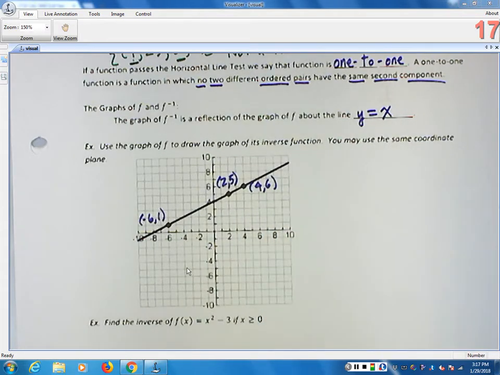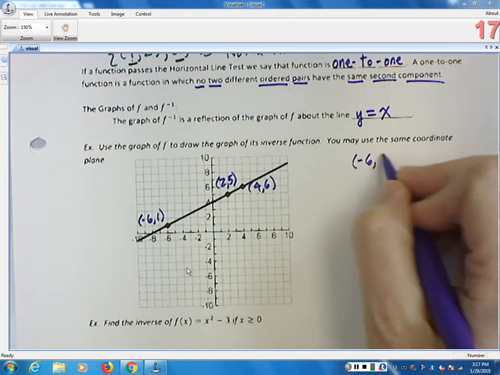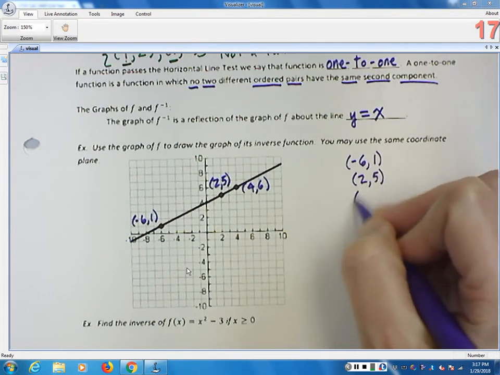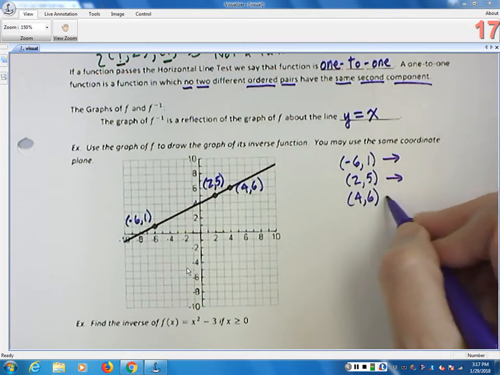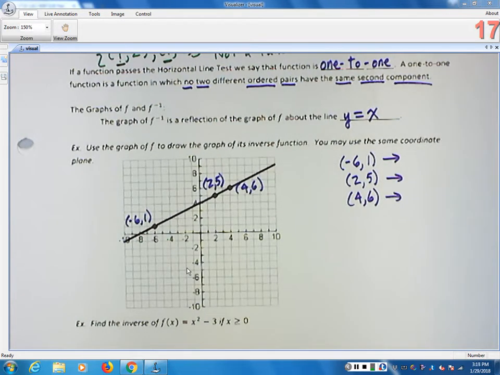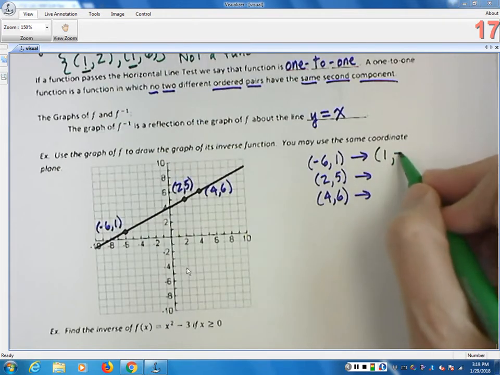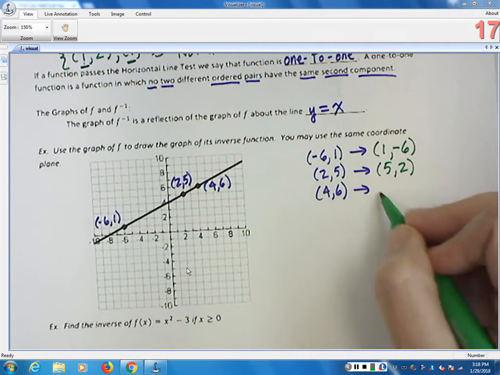So if we want to draw the inverse function, here's our points. We're just going to switch our x's and y's. So these are going to become (1, -6), (5, 2), and (6, 4).